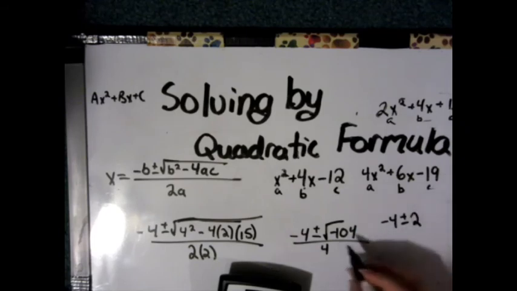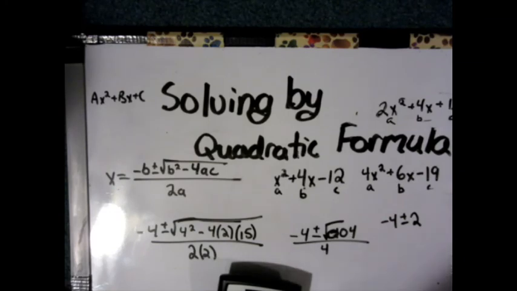We have 2, and then because there is this minus sign right there, we get 2i square root 26 over 4 here.